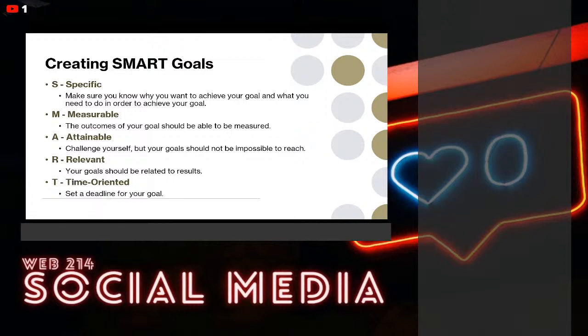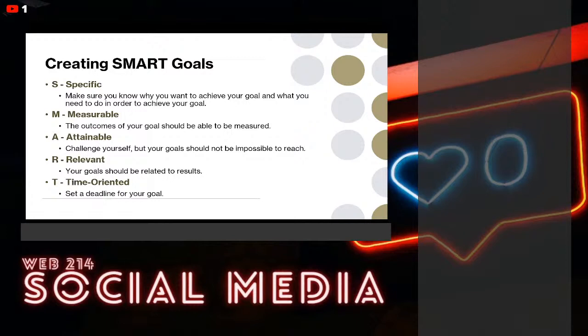And so, again, relevant. That's the next one. R is relevant. Your goals should be related to your results. So you're finding out these things using your SWOT analysis. You're finding out where your strengths are, where your weaknesses are, where your opportunities are, where your threats are. And these are the things that make our SMART goals relevant, right? Because we're backing them up with strengths, or we're creating goals to counter weaknesses, or we're creating goals to move toward opportunities, right?